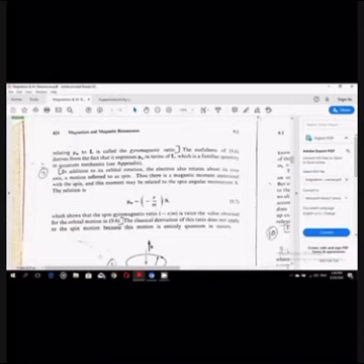Thus there is a magnetic moment associated with this spin, and this moment may be related to the spin angular momentum S. This relation comes out to be μm is equal to minus e over m into S. So this magnetic moment is due to the spin motion.